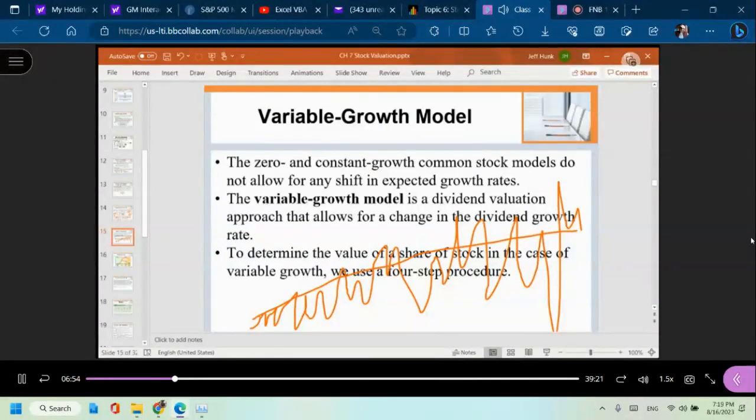But from a higher macro perspective, you can see why we are comfortable with using the constant growth model, and that's basically based on the assumption that the company is growing at some steady rate. In other words, on average, a steady, constant rate.